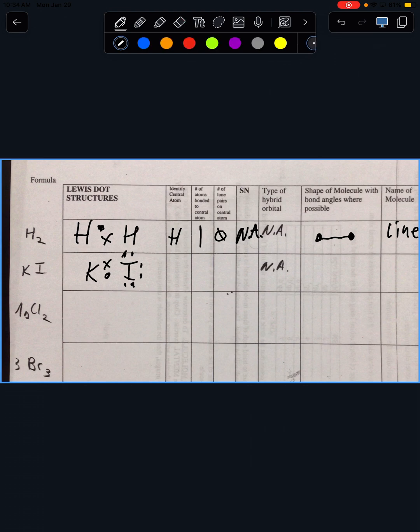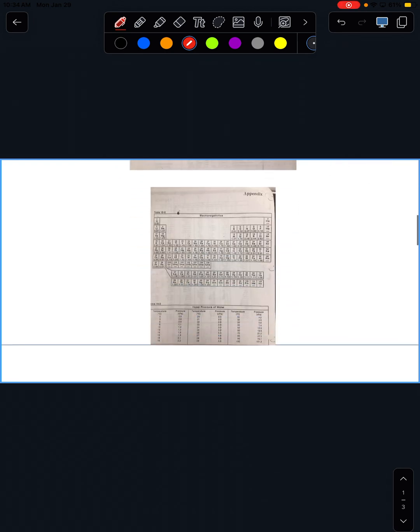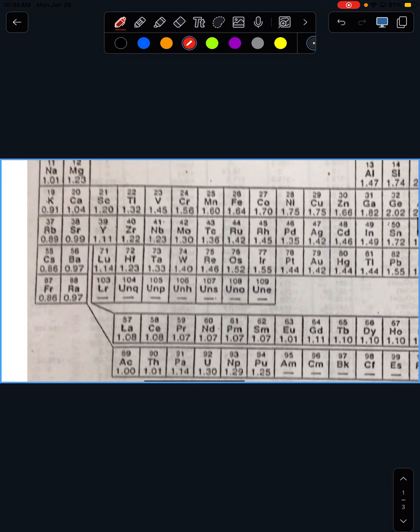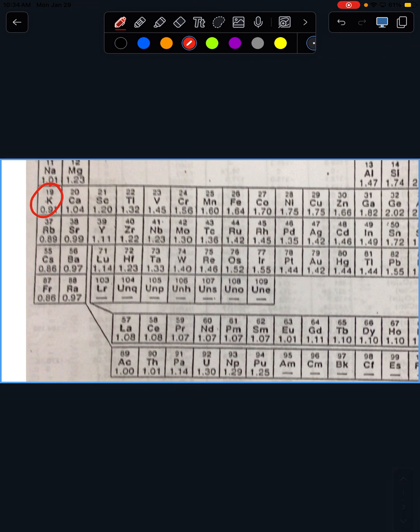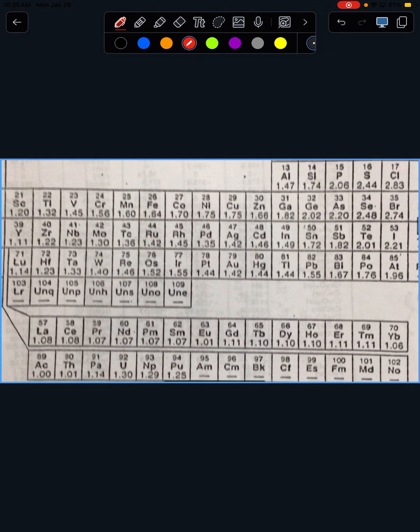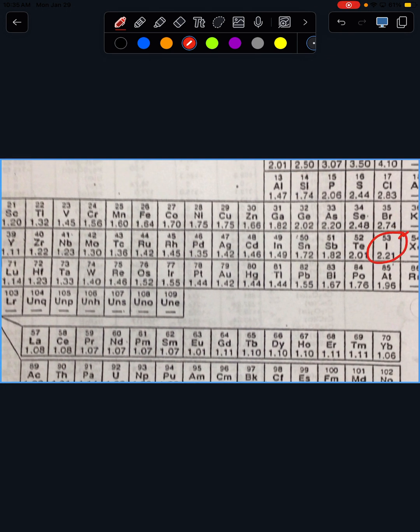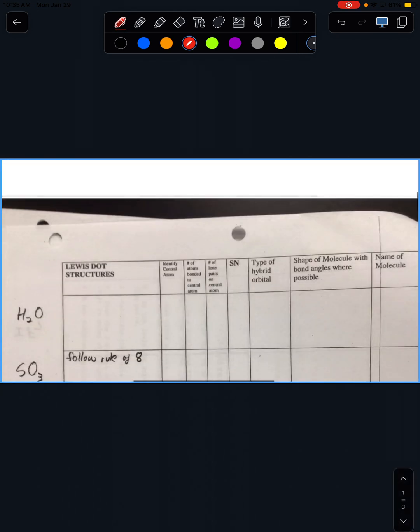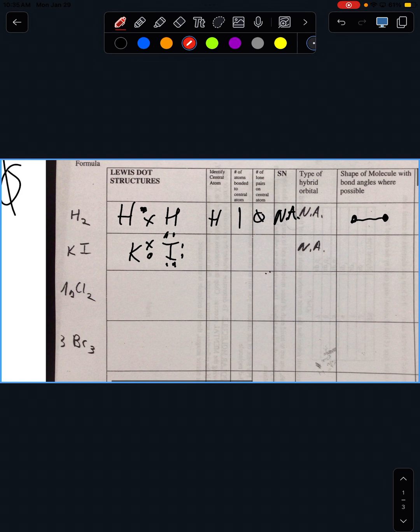So I'm going to go to Appendix O. Potassium is 0.91 and iodine is 2.21. Take the difference, it's going to be 1.3.